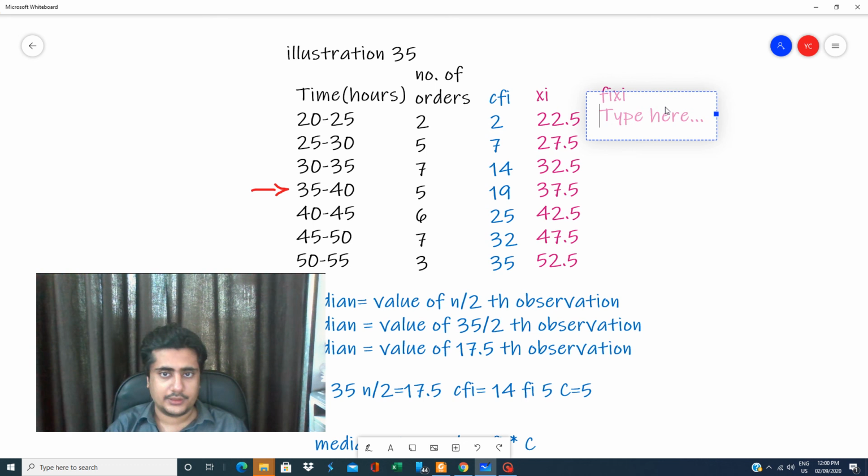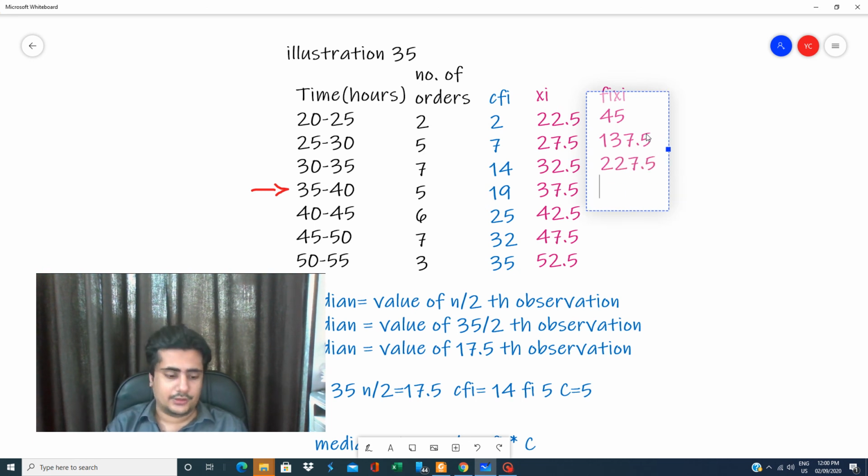Fi is 2, xi is 22.5, so it's 2 into 22.5, 45. Then 27.5 into 5, 137.5. Then 32.5 into 7, which is 227.5.